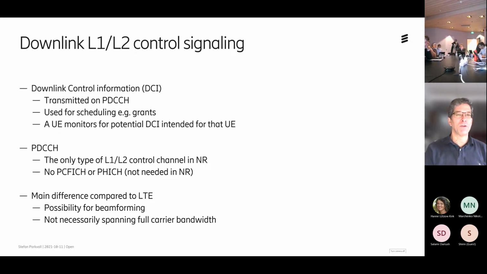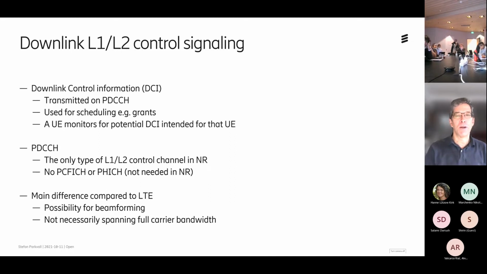What's transmitted there is typically scheduling grants, scheduling assignments. It could also be some other purpose like power control and so on. And the UE here monitors by running blind detection. It checks, is there any control message for me? If so, it follows whatever that message says. If not, it continues to monitor for control messages.